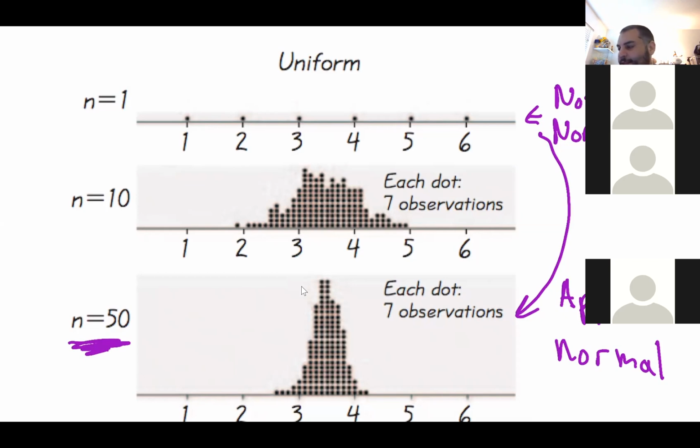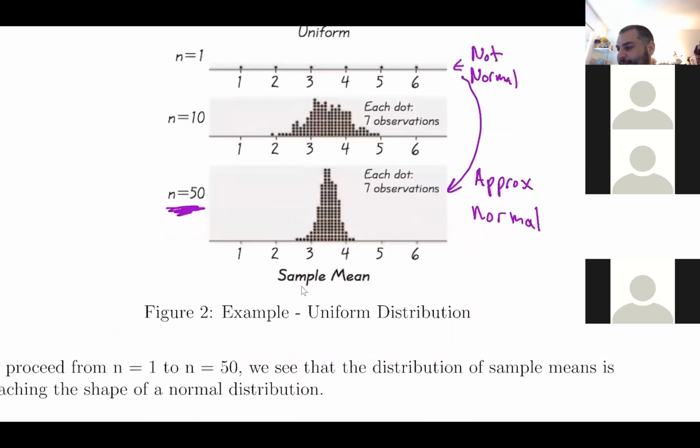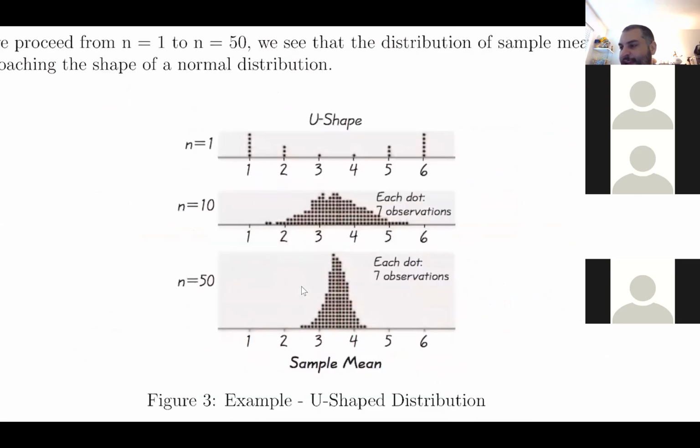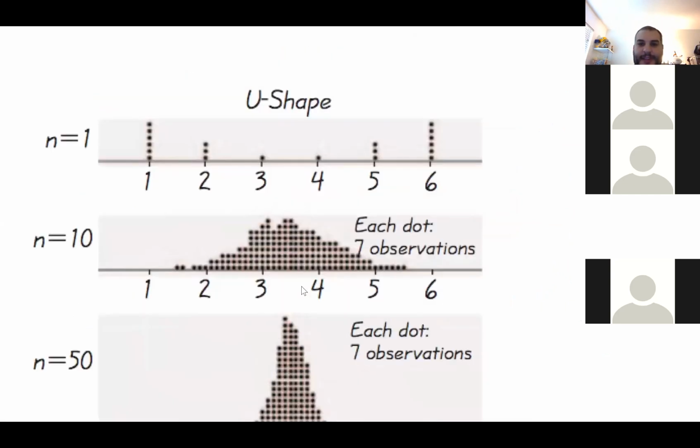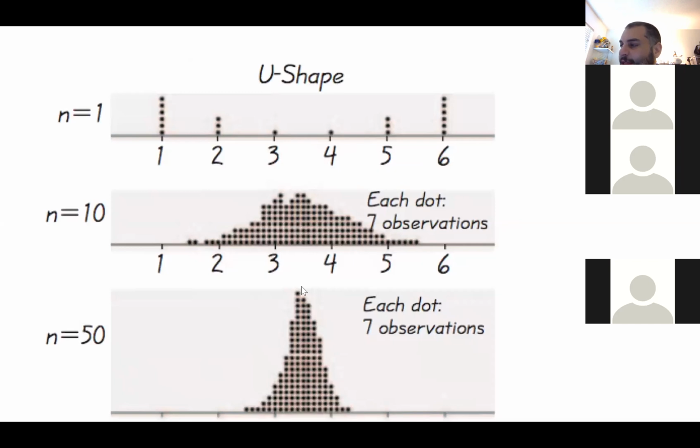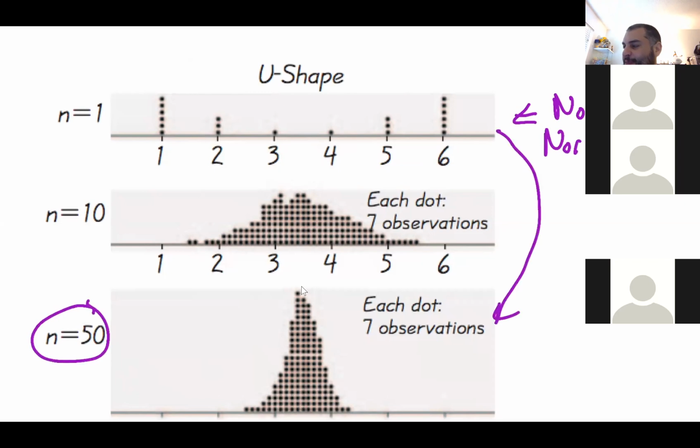Let's do the last one, I think. This one started off non-normal, but since we took a sample size of 50, it actually ended up becoming approximately normal.